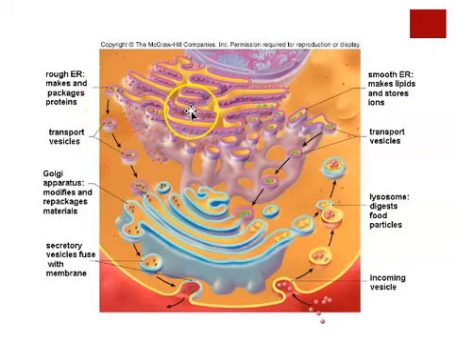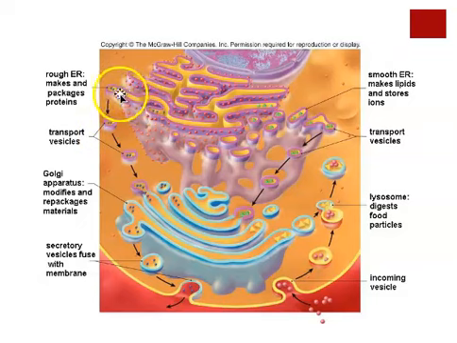Transport vesicles are kind of like taxicabs, or I guess Ubers would be a more modern example. What happens when the protein has passed through the RER and is ready to go to the Golgi apparatus is that a piece of the membrane of the rough endoplasmic reticulum is going to bud off.